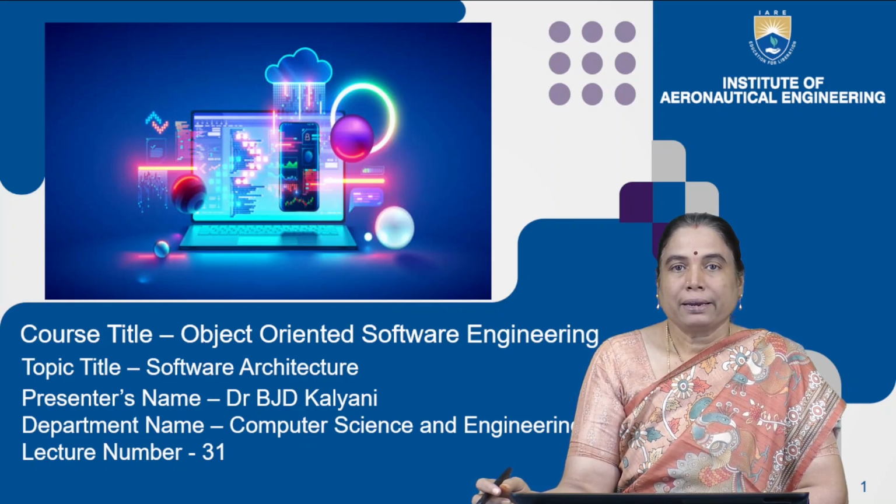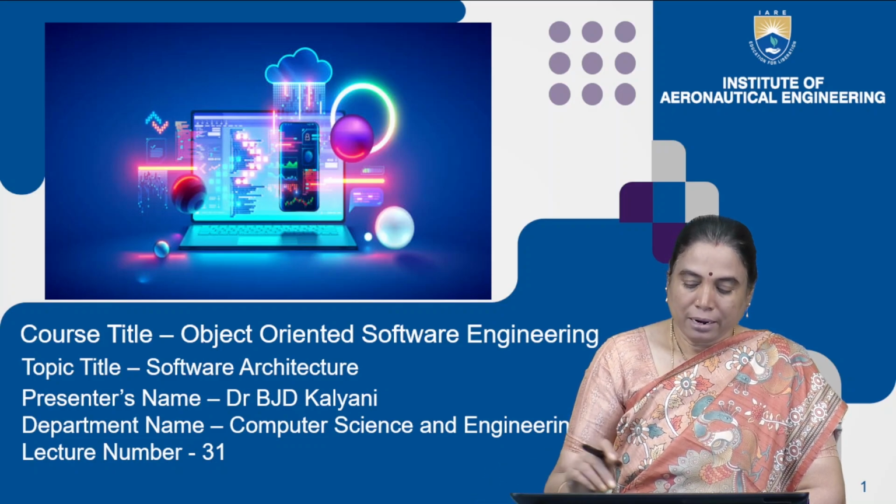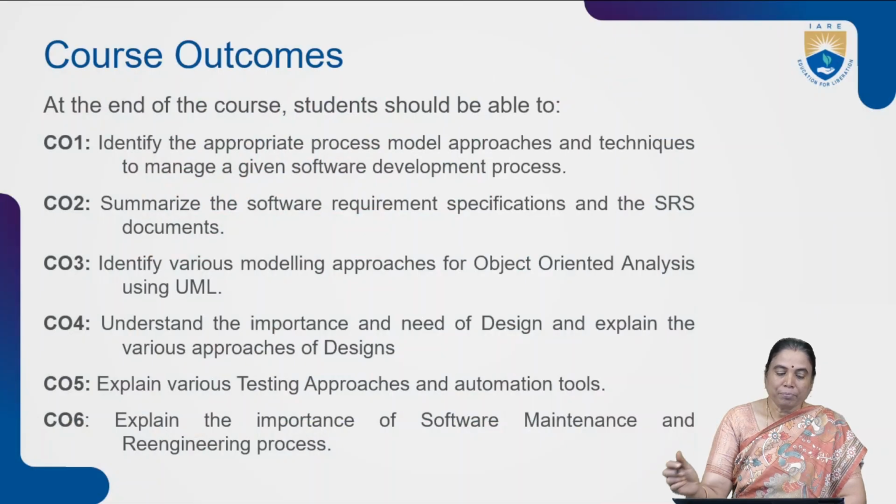The software architecture plays an important role in software design, and this topic's learning outcome is mapped with the course learning outcome CO4, which is to understand the importance and need of design and explain the various approaches of design.